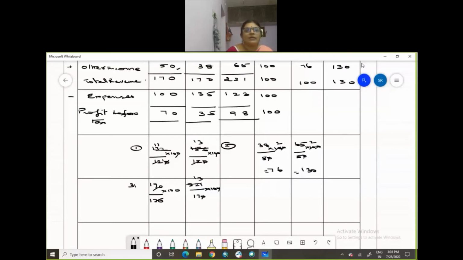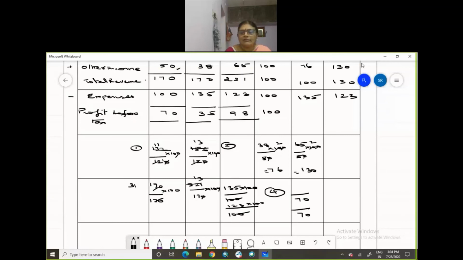Next is your third one, your expenses. The base for that is 100. So 135 into 100 and then 123, your expenses for the following year. The zeros cancel, it's very easy: 135 and 123. Next, the fourth one. The base here is 70, that is your profit before tax.